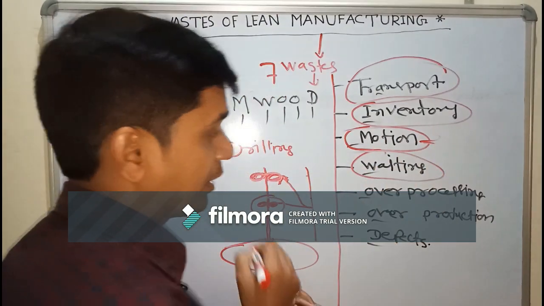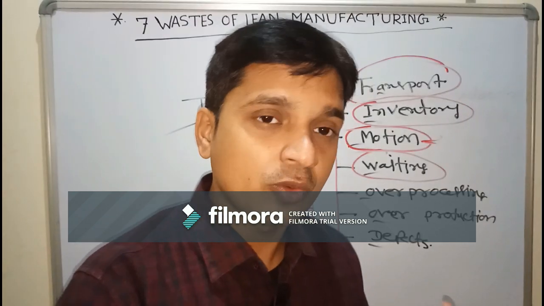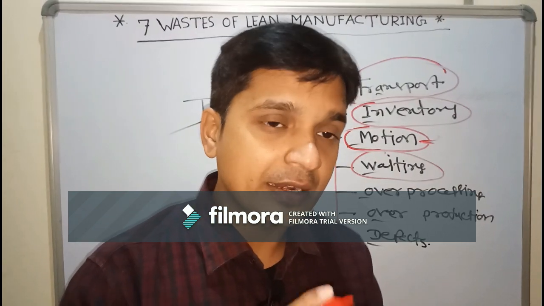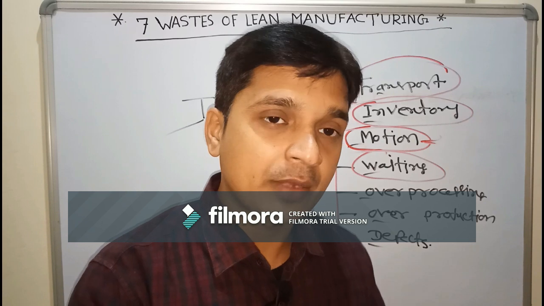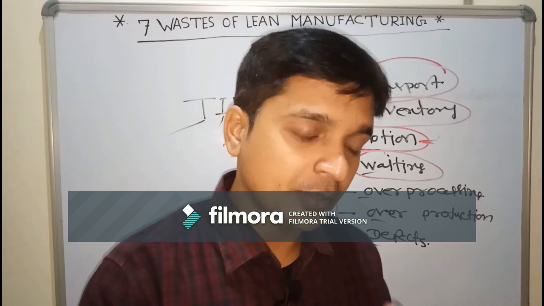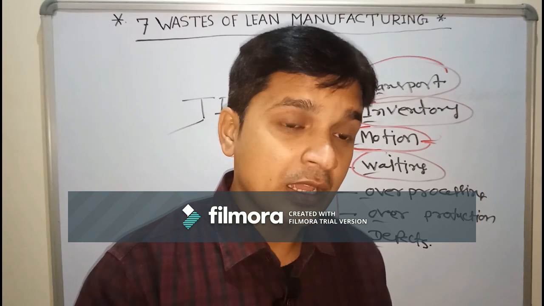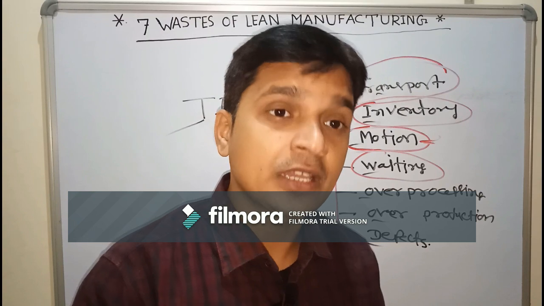Waiting is also very important. A final product is made through different processes. If you are waiting a long time for raw materials to make a product, that is waiting.